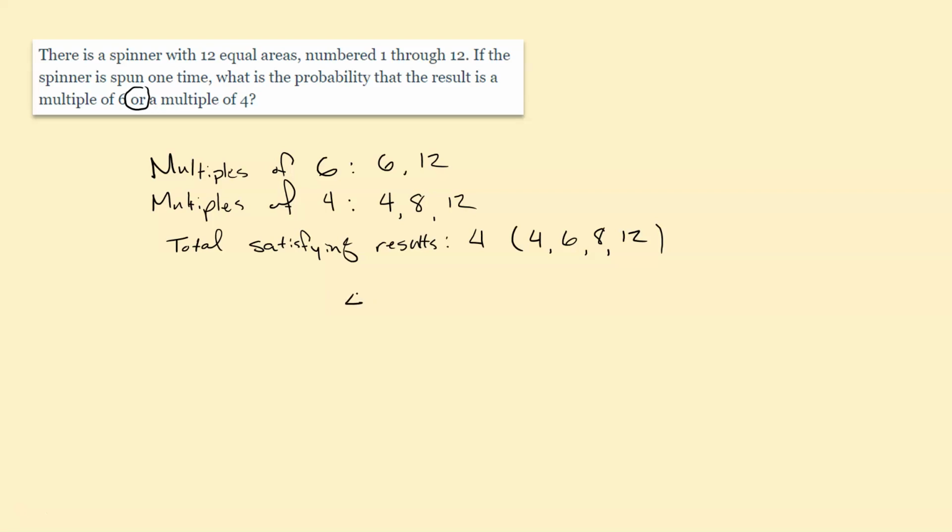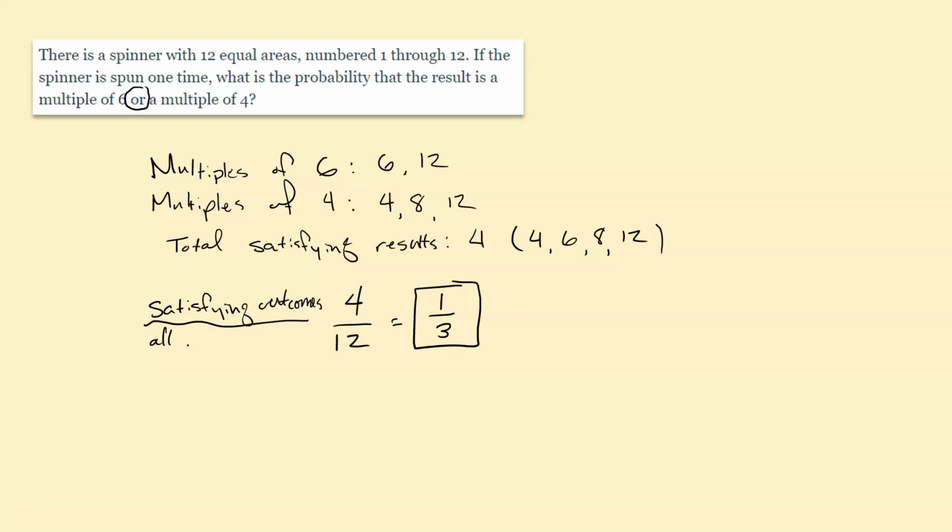So that would be 4 results out of 12 possible results, which simplifies to 1/3. So it's satisfying outcomes over all possible outcomes.